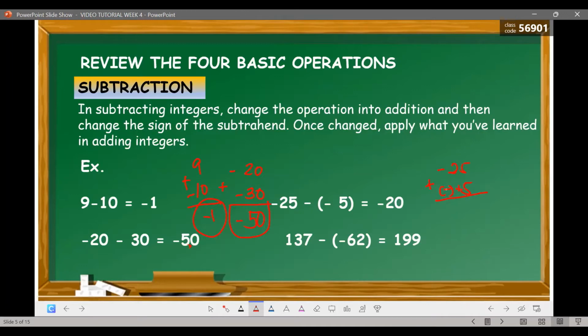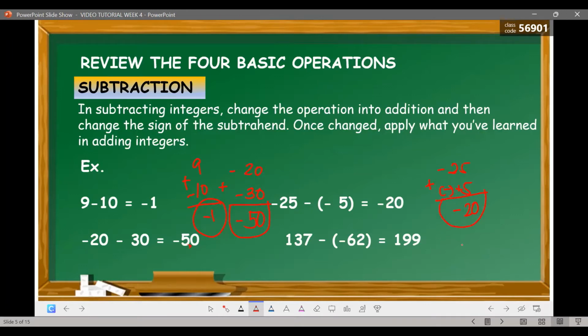Then we're adding unlike sign numbers. So we have to subtract them and then copy the sign of the number with bigger absolute value, which is 25. The sign of 25 is negative. So we have to copy negative, then subtract them. So we have negative 20 for our answer.